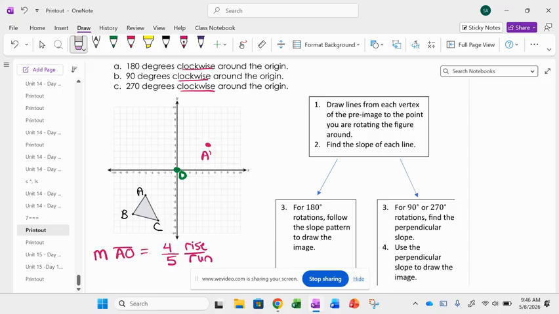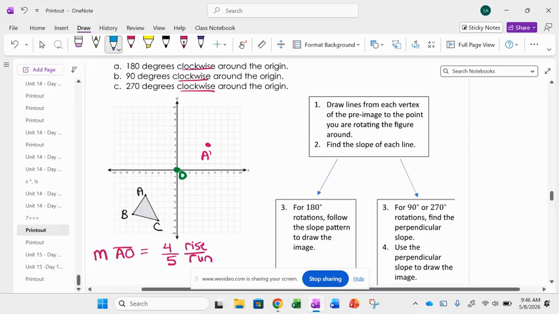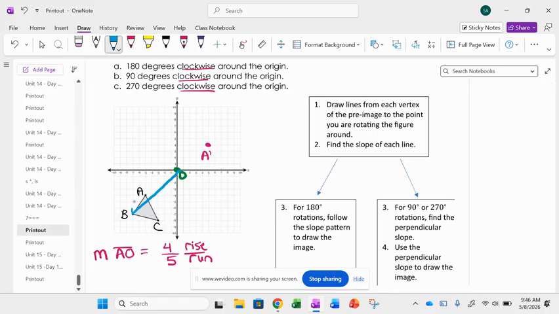What do I mean? What I'm going to do now is find the slope from B to O. Now the slope from B to O, I'm going up 1, 2, 3, 4, 5, 6, 7. So I'm going up 7. To the left, 1, 2, 3, 4, 5, 6, 7.